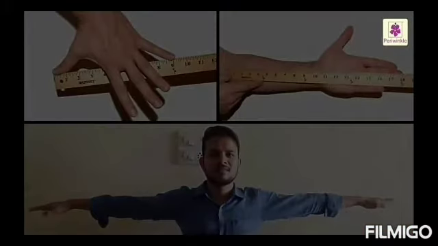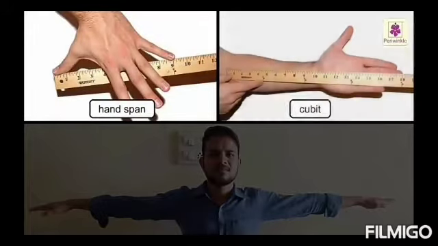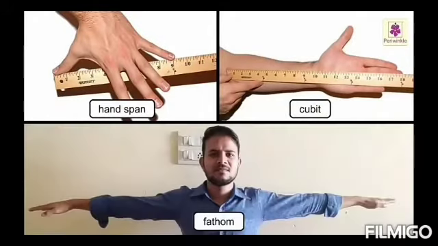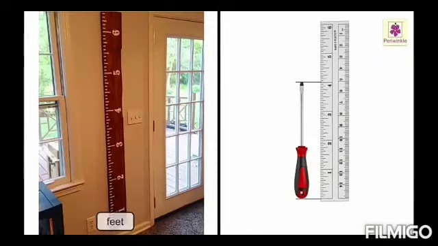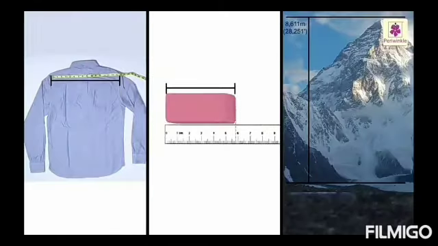Secondly, the various units like span, cubit, fathom, etc. would have no connections with each other. Later, units like feet and inches were used to measure the height, length and width of all objects.